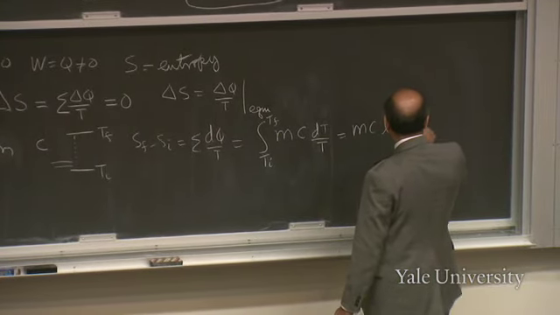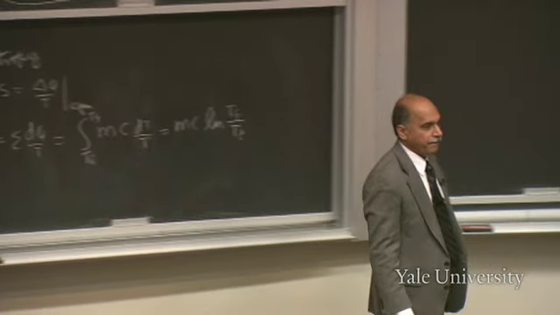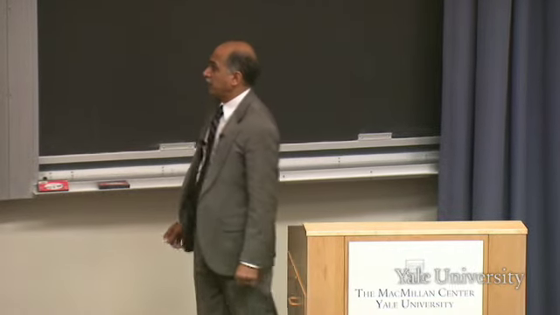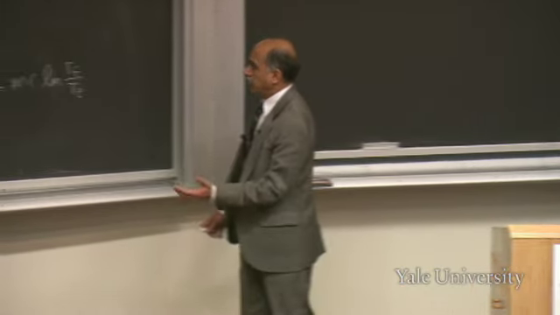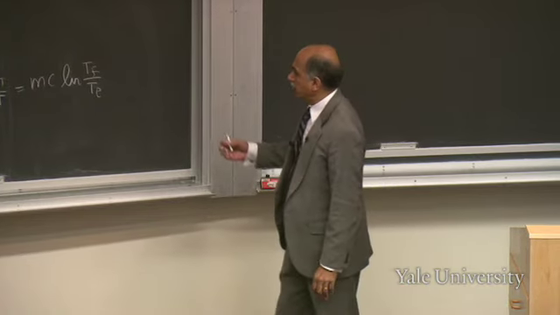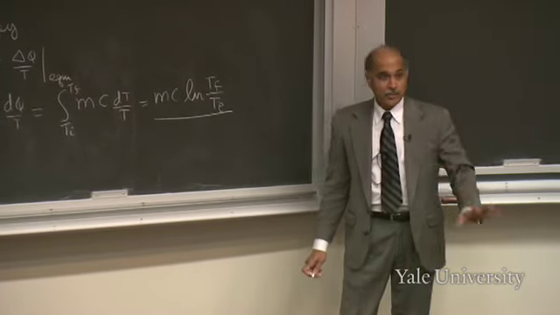It is mc log T final over T initial. That is the increase in entropy of some m grams of some substance of specific heat C that's heated from T initial to T final. We're just getting practice calculating this. We still don't know what this guy means, so don't worry about that right now.